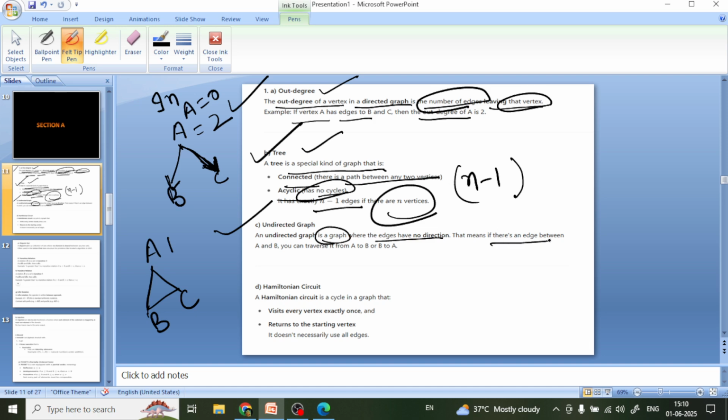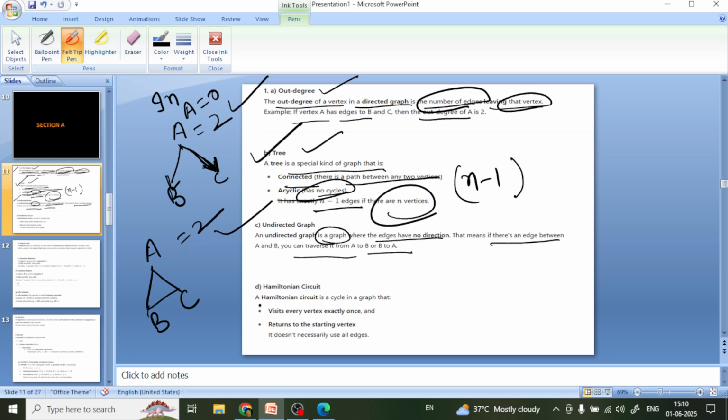That means if there is an edge between A and B, you can traverse it from A to B and B to A. You can say A to B, A to C, B to A, C to A. So here, if you have to find out degree and in degree, both will be equal to 2 because there is no direction.